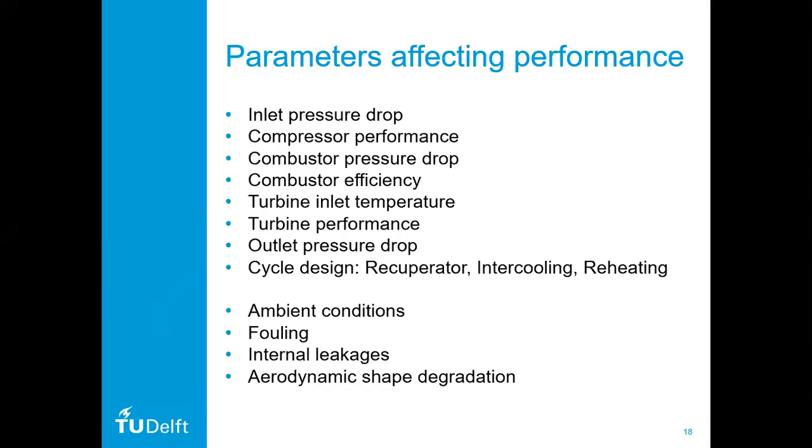In parallel, also the ambient conditions, fouling, internal leakage, aerodynamic shape degradation. I can sum up maybe 10, 20 other issues here, and a lot of those things come together in your performance. We make it a little bit simple in this class, but in reality you have to take all this into account in your performance calculations.